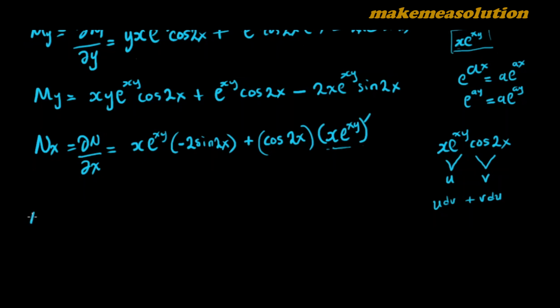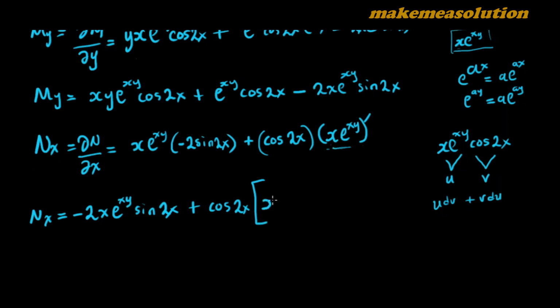So nx, if I arrange this one, I'll have minus 2x exponential xy sine 2x, then plus cos 2x into, so we want to differentiate this one now with respect to x. I'll take x as my u and exponential xy as my v.